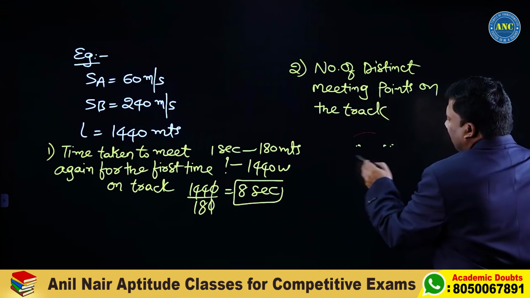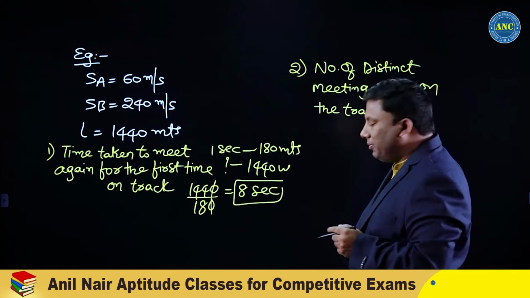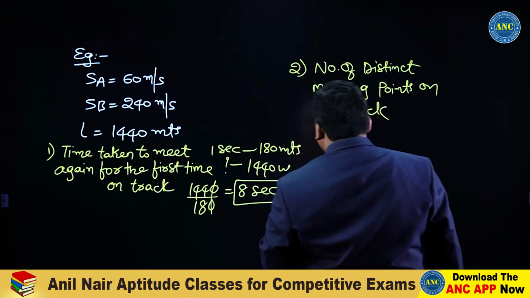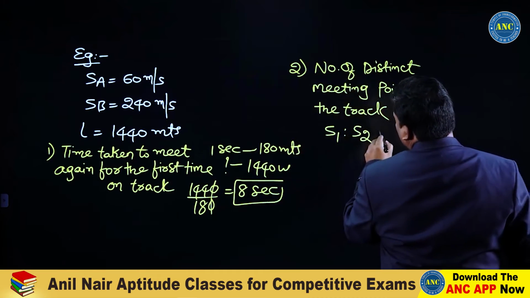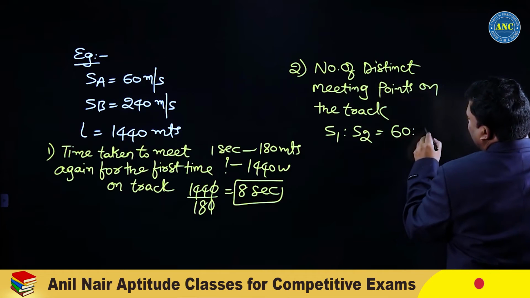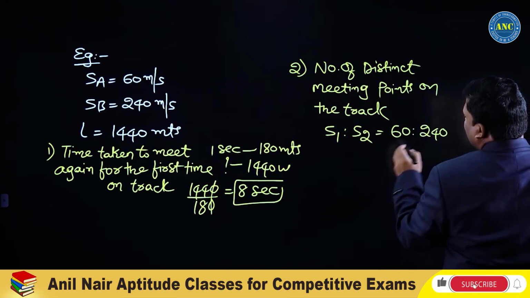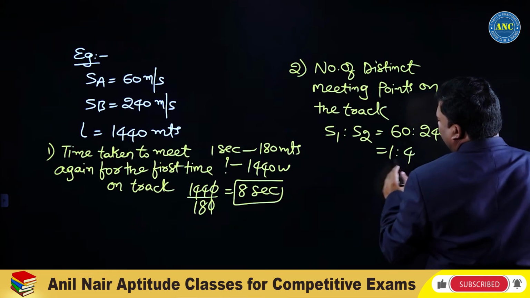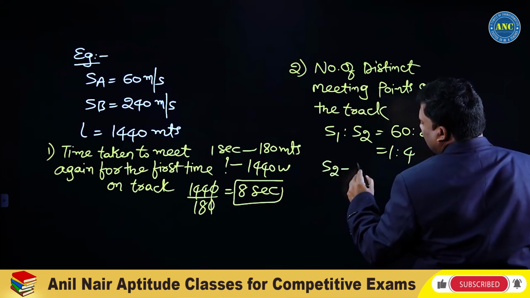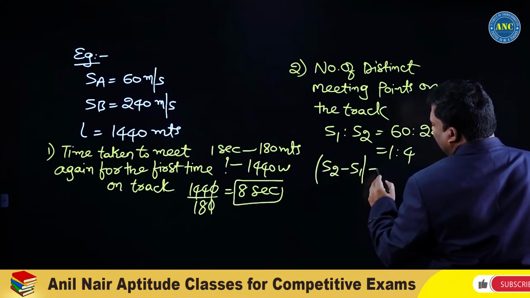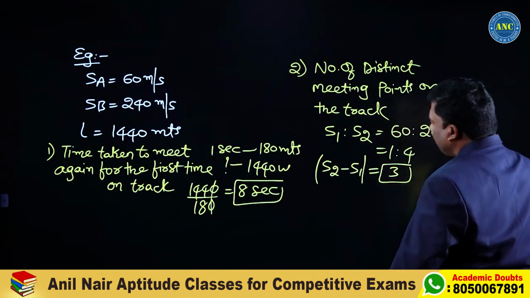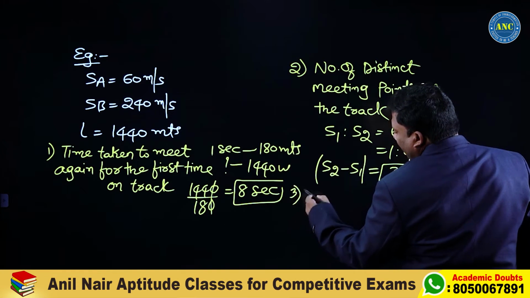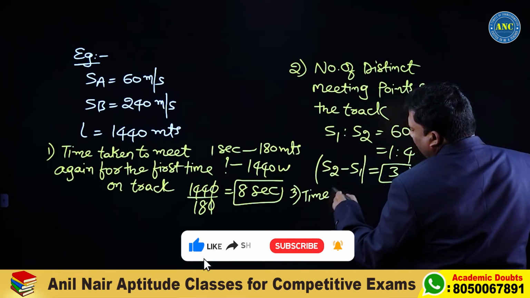What will be the idea? Take the ratios. S1 is to S2, 60 is to 240, it is 1 is to 4. That means the number of distinct meeting points is the smaller subtracted from the larger. 4 minus 1, it is 3. Concept clear? Third one, time taken to meet again.